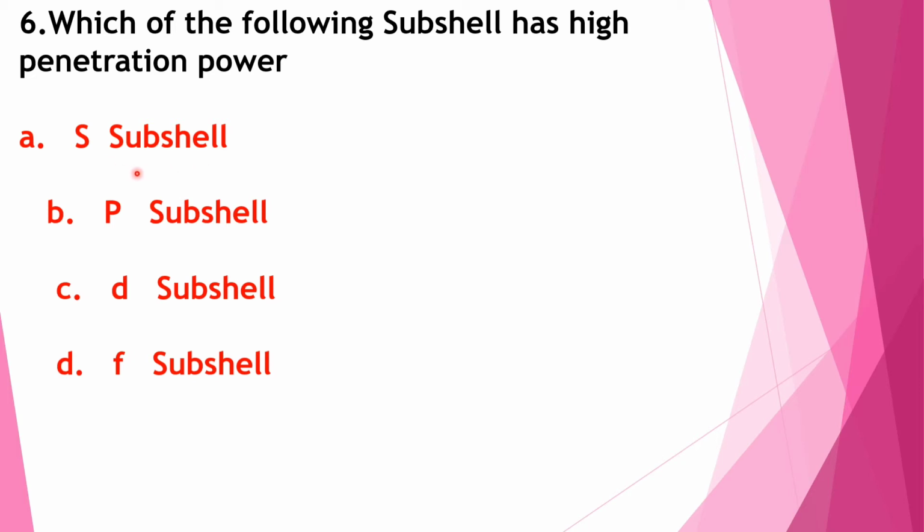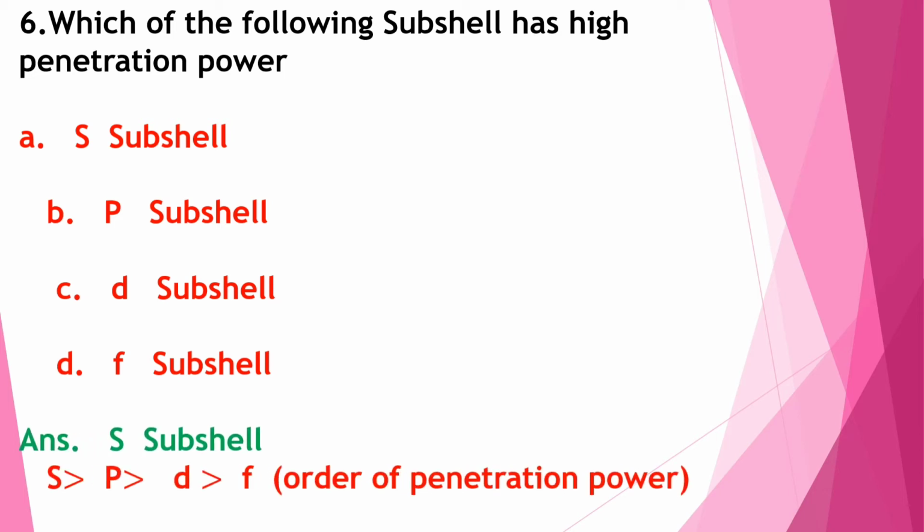Since the s subshell is very close to the nucleus of a given shell, the s subshell has high penetration power, and therefore the correct answer is A, s subshell.